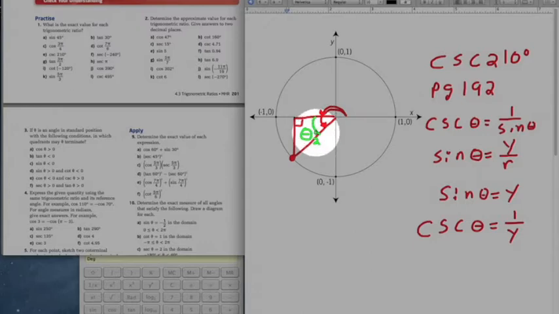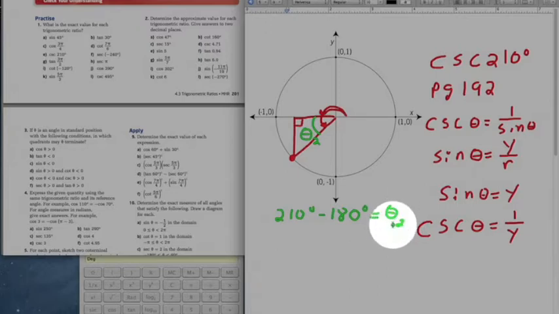I don't know what that angle is. So the way we can express that is 210 degrees minus 180 degrees equals what I'm going to call theta 2.